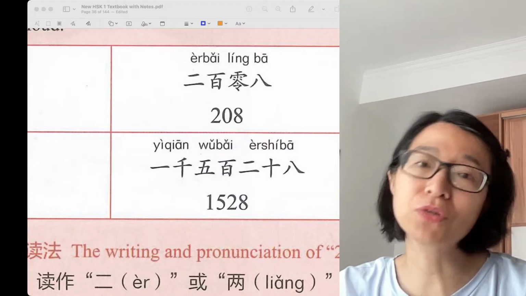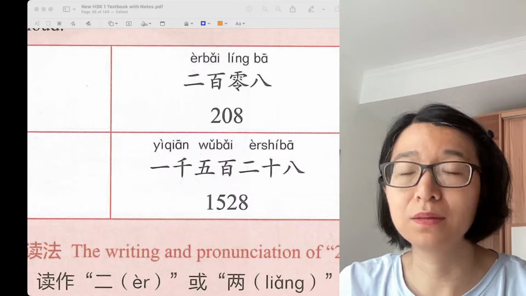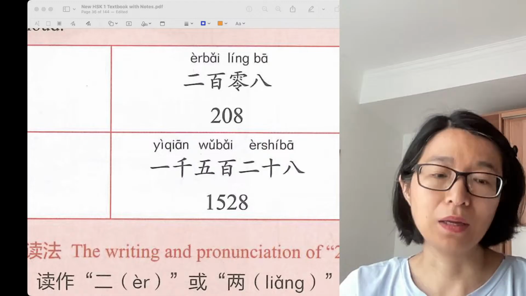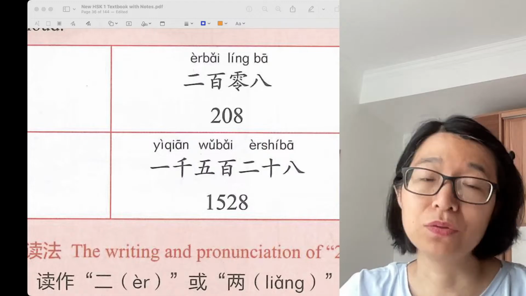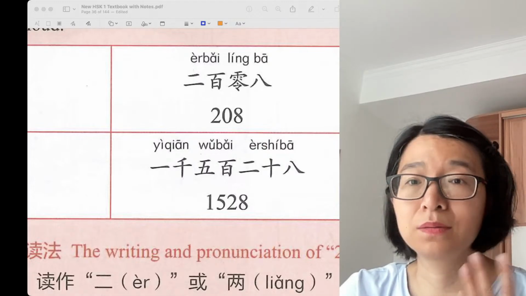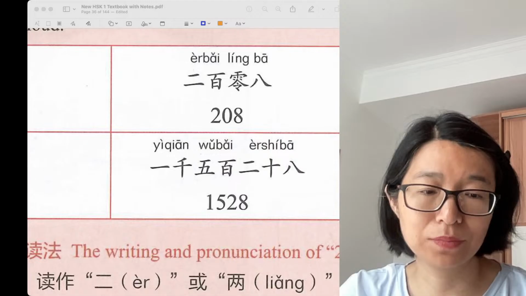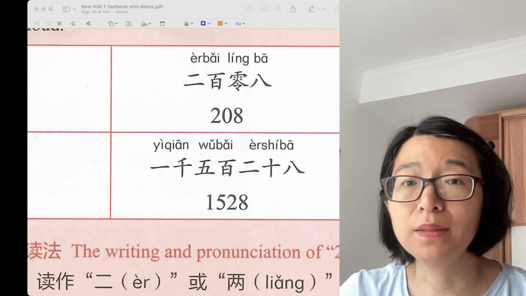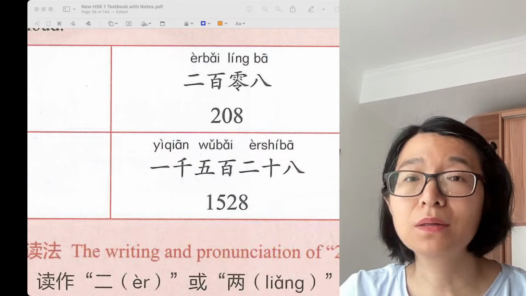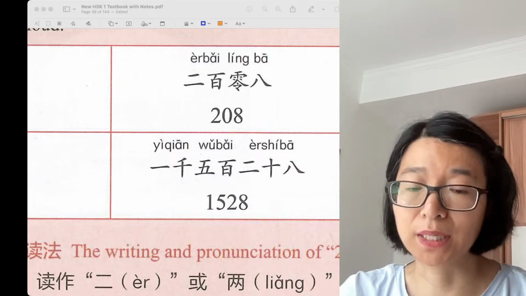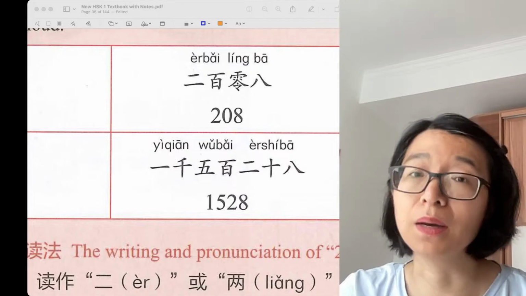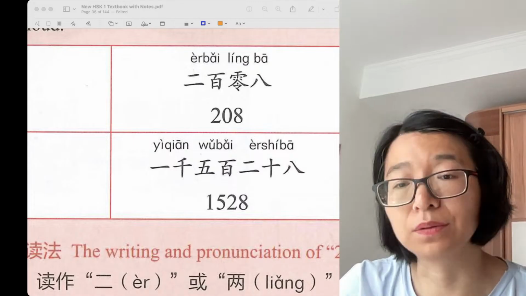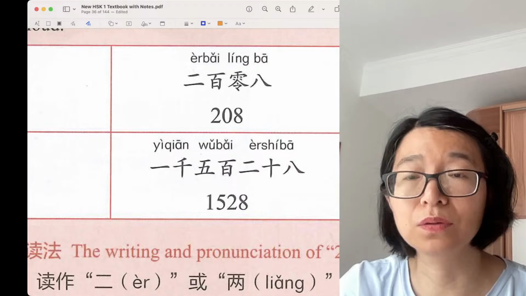Actually, you can also say 两百. And for 0, you just say 零, because you can see a 0, and then 8, that is 八. So 二百零八. You can also say 两百零八. Yeah, you can say either one, 二 or 两.